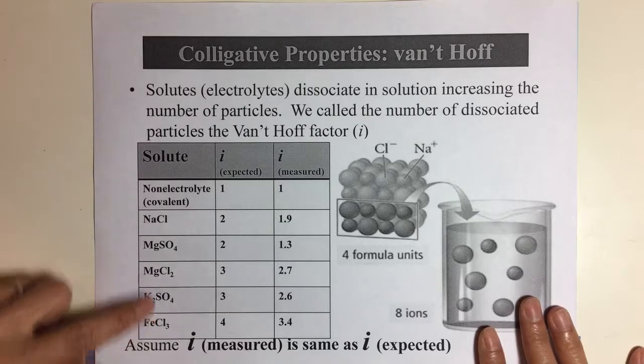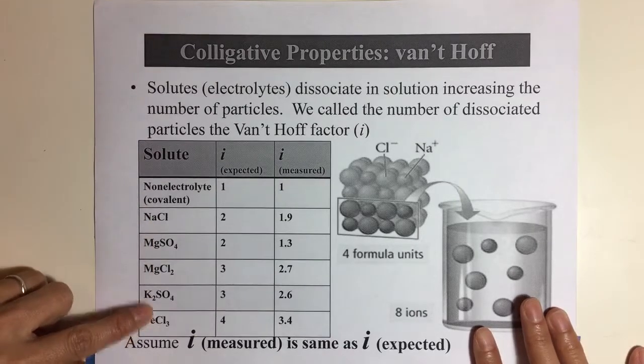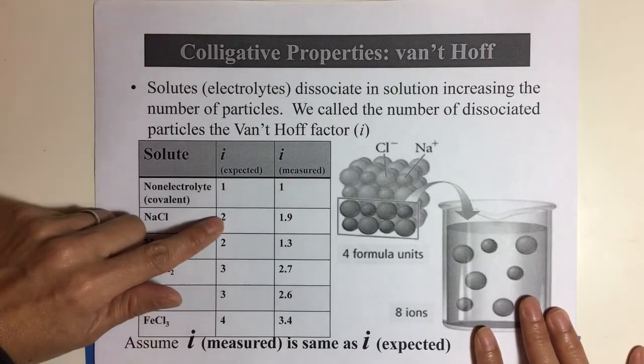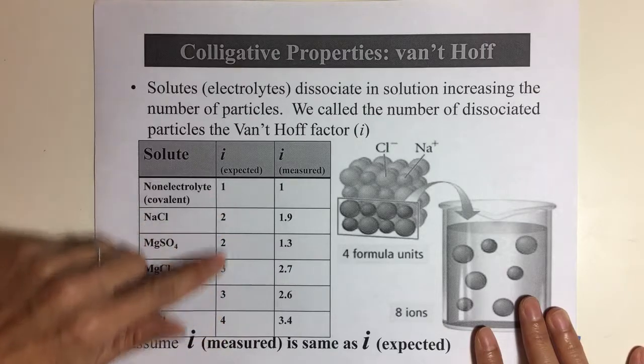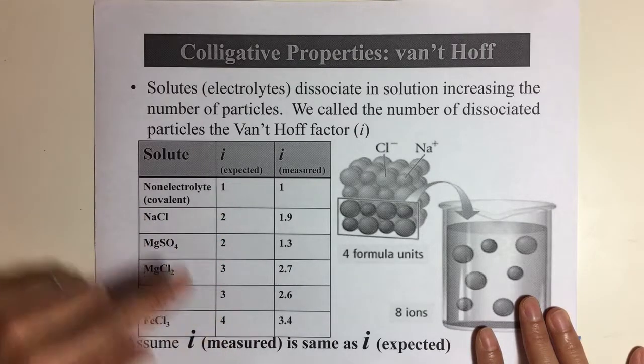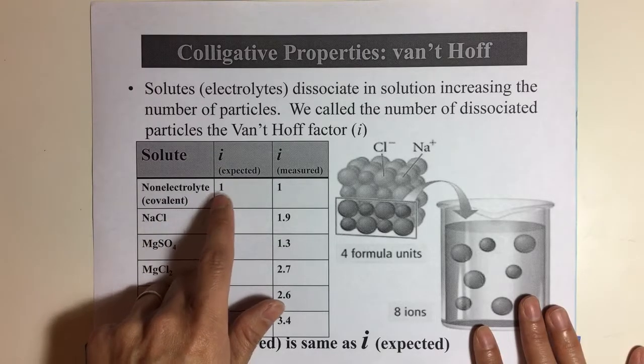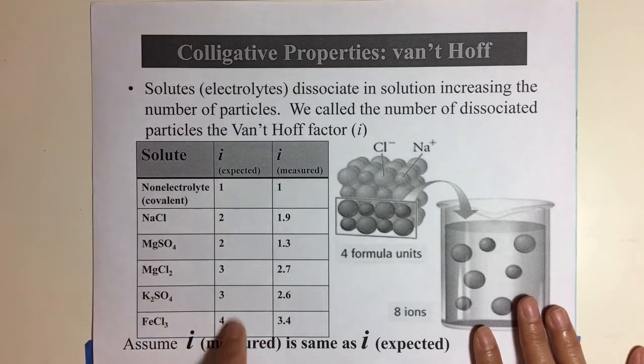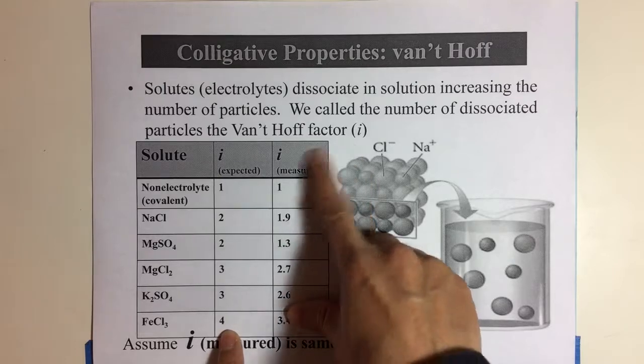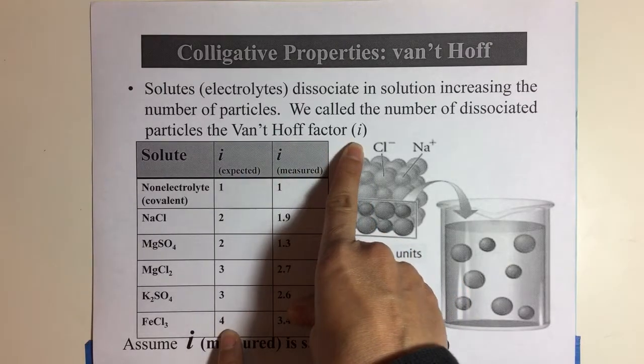If it's an electrolyte, like these ionic compounds, the electrolytes will contribute a certain number of particles when they dissociate in the solvent. Non-electrolytes will not dissociate, so they will oftentimes contribute only 1 particle. So this tells you the number of particles contributed. And we call that the van't Hoff factor.